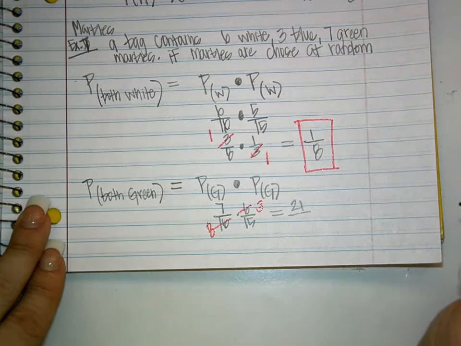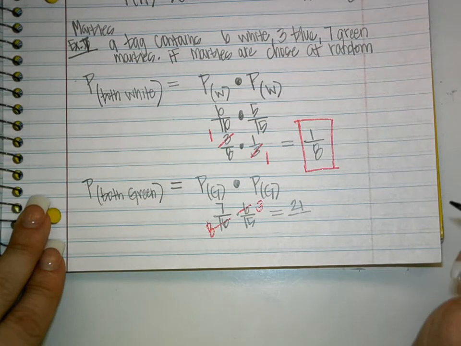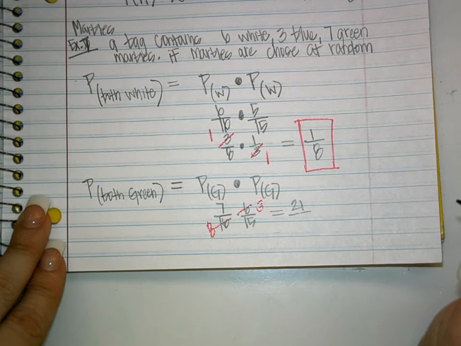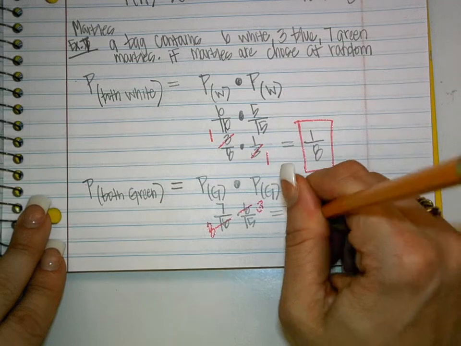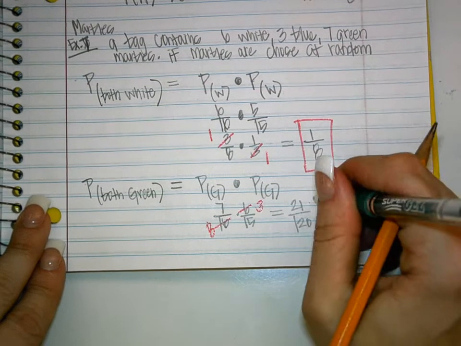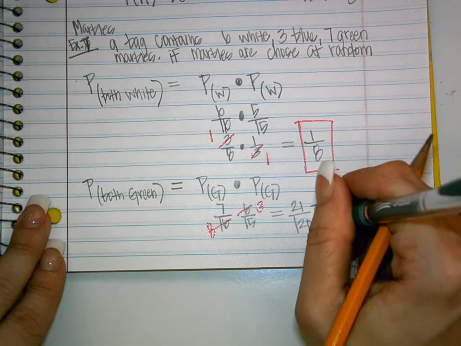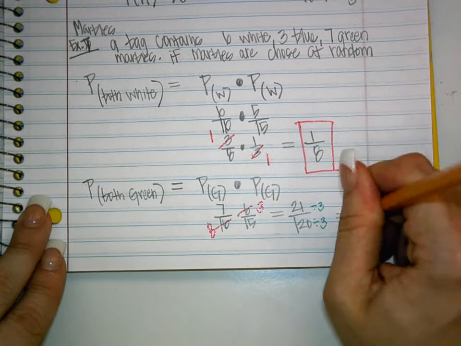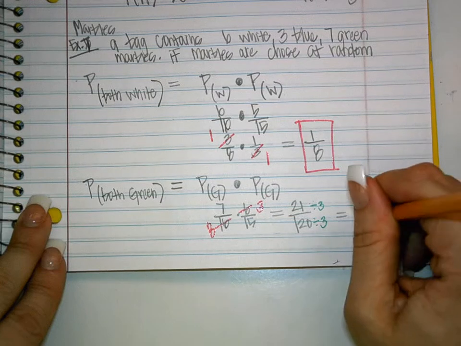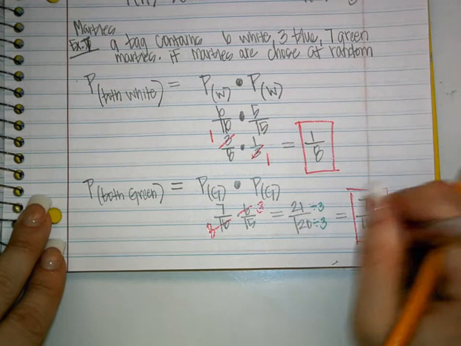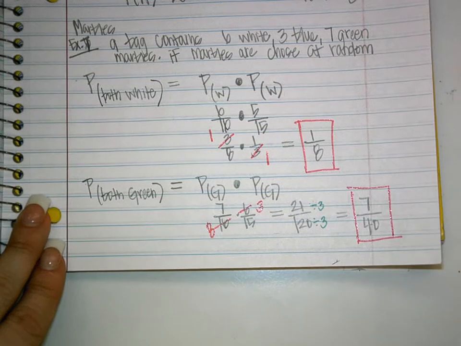What's 8 times 15? You guys can do this. 120. What goes into both 21 and 120? 3. So 21 divided by 3 gives you 7, over 120 divided by 3 is 40. That can't reduce anymore, so the probability of picking 2 green marbles is 7 out of 40.